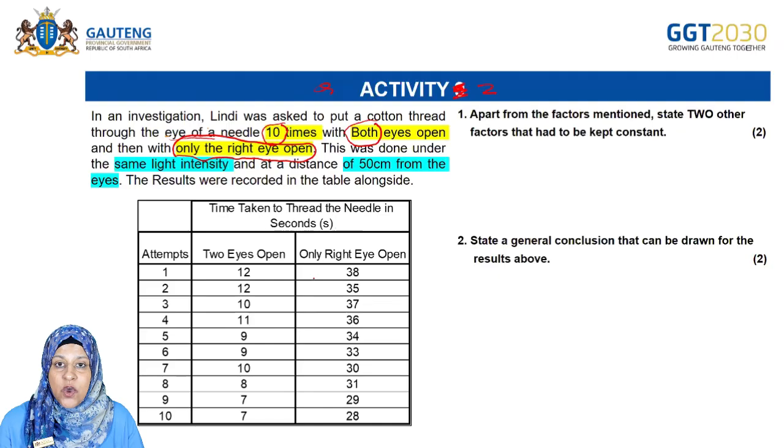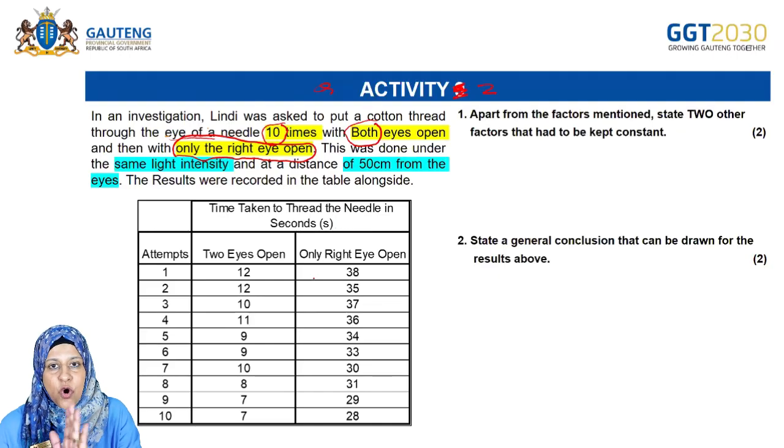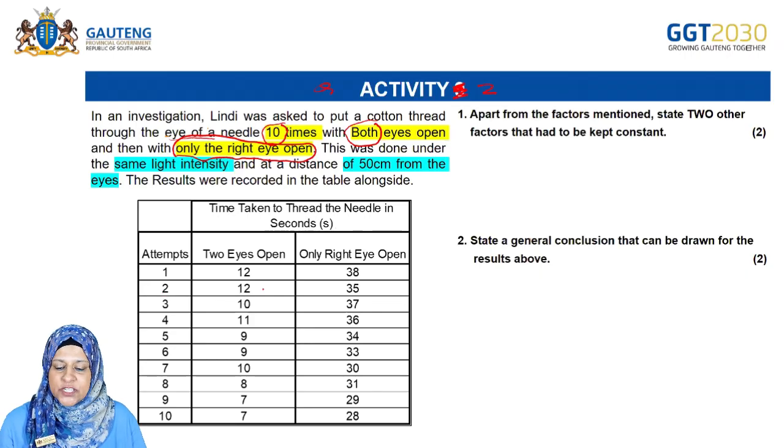That is, now she took a longer time with only the right eye opened. With 2 eyes open, again she took 12 seconds. With 1 eye open, 35. Then 10, 37, 11, 36, 9, 34, 9, 33, 10, 30, 8, 31, 7, 29, 7, 28.